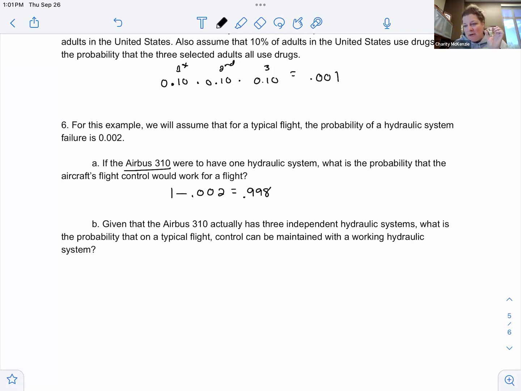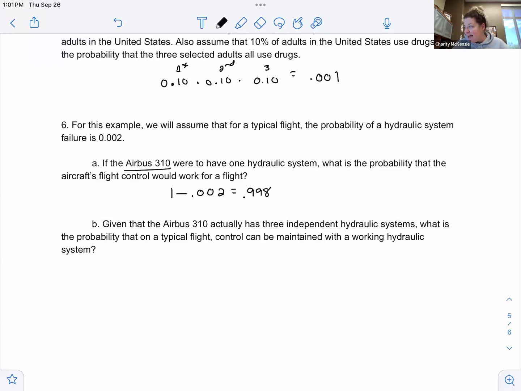It's trying to get you to think of each one's independent. They aren't affecting each other. And if one fails, you're still alive, right? So you cannot use the 0.998 times itself 3 times, because that's like saying all of them fail, I die kind of idea. Whereas the 0.002 is per each one.